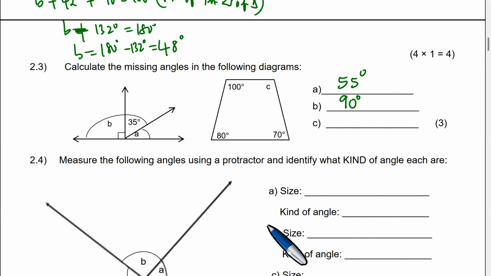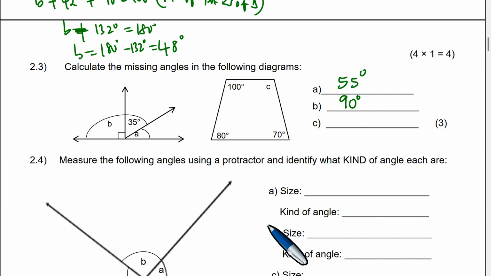Is it 110? Why? Does this need to add up to 360? So I added up all of the numbers: 80 plus 100 plus 70, which gives us 250.